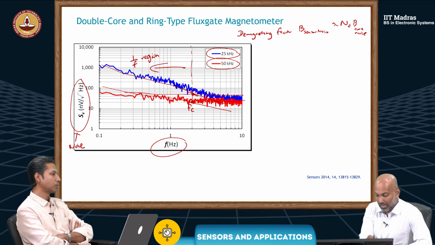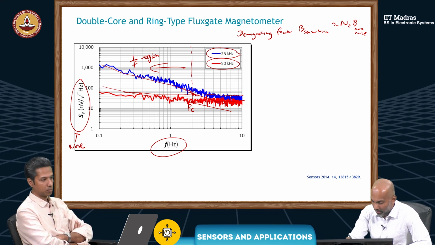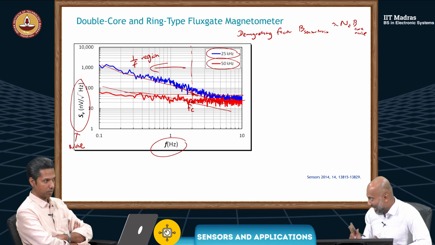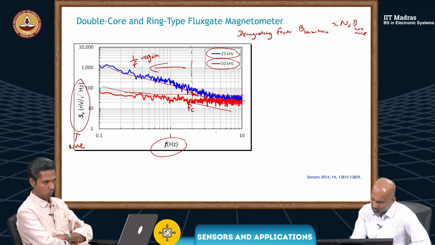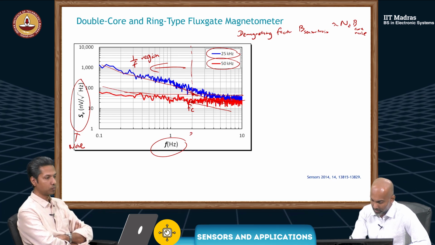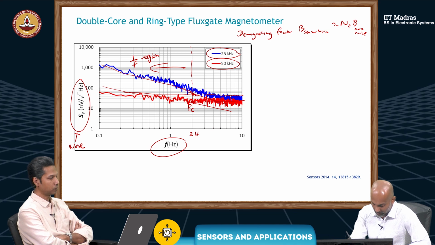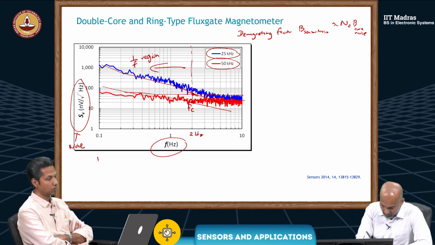If you extend this line and extend this straight line, they touch, and that point is called the knee point. At that knee point, we have a certain frequency, FC.